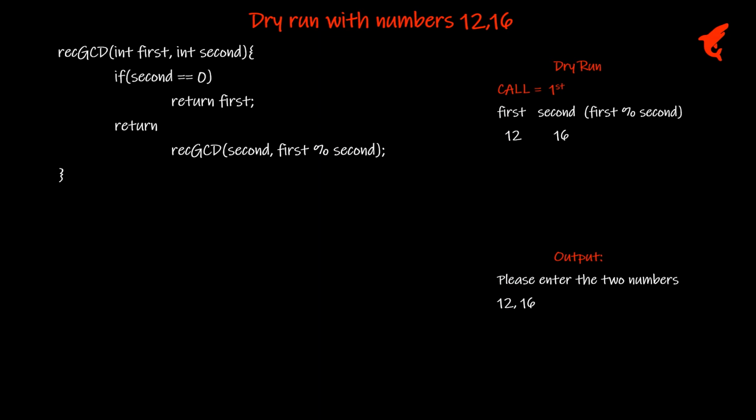The condition says whether the value of second is equal to 0. The answer is not true, and therefore control goes to the return statement, rather to the recgcd function call. And here what is passed is first the value of second, which is going to be 16, and the second argument is going to be 12.